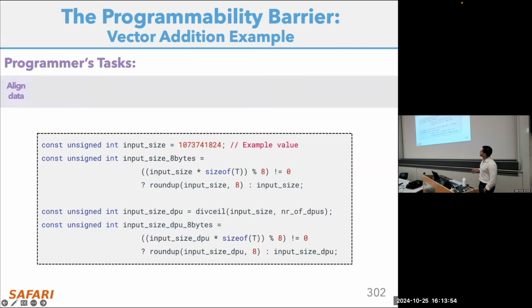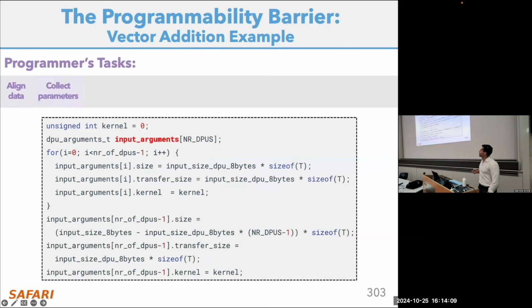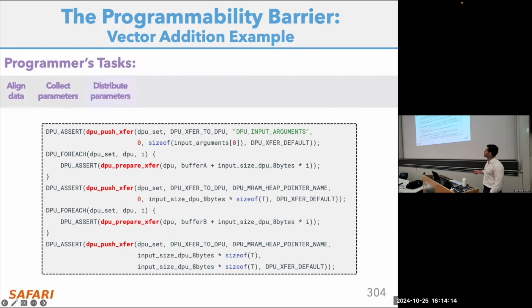So in practice, you as a programmer are going to have to do several tasks to implement something. You need to align data, because the data needs to be 8-byte aligned to fit inside a single DPU at a time. You're going to have to collect input parameters and transfer those input parameters to the different DPUs using data parallel or serial data transfers.